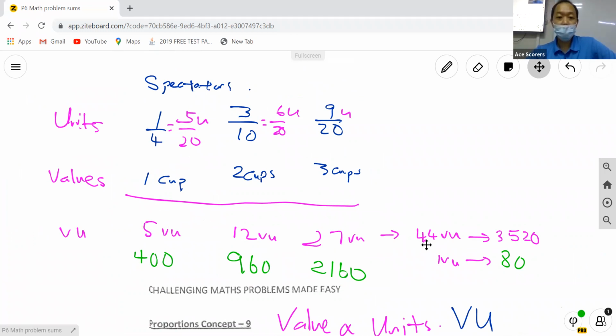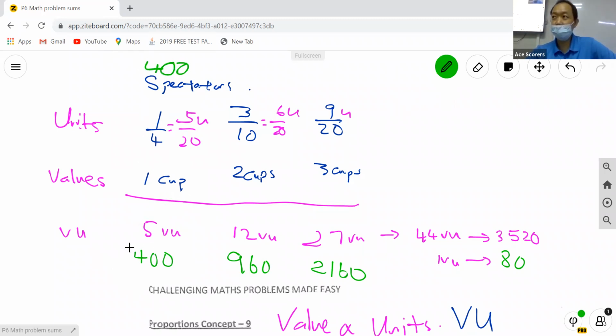Now look at this. Consider the number of people who bought 1 cup. The number of cups was 400, so that means 400 people bought 1 cup.